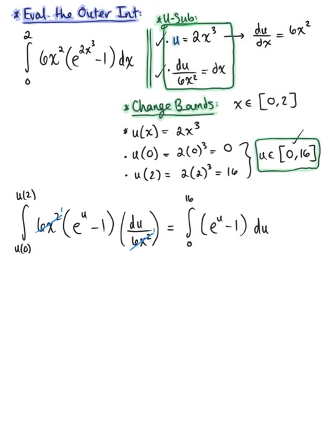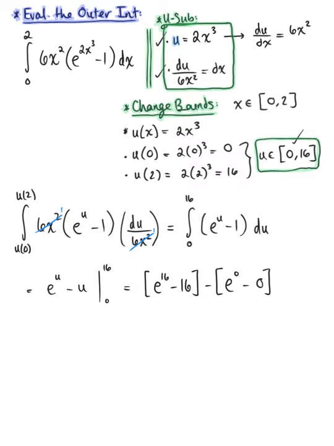Woohoo! Integrating, we are left with the natural exponential raised to the u minus u, and we're evaluating from 0 to 16. Because these are the bounds on u, we can immediately evaluate. So we have the natural exponential raised to the 16 minus 16, minus the natural exponential raised to the 0 minus 0.